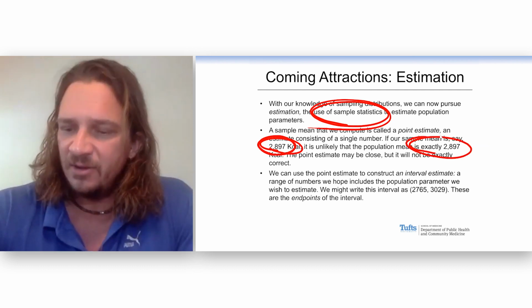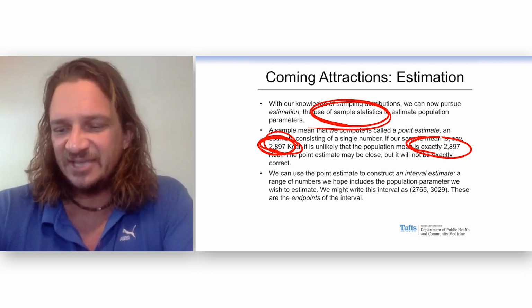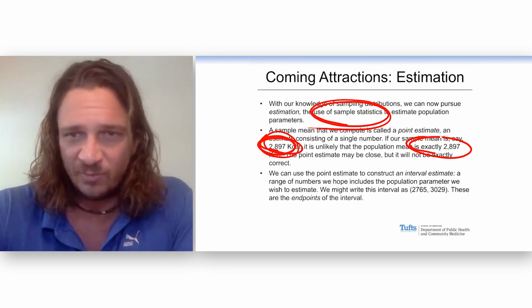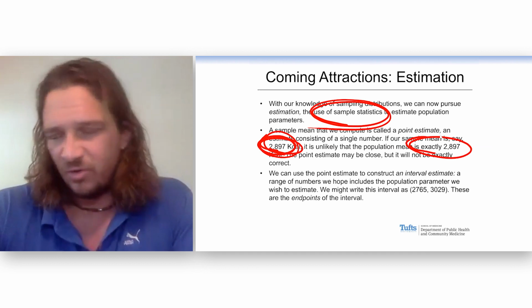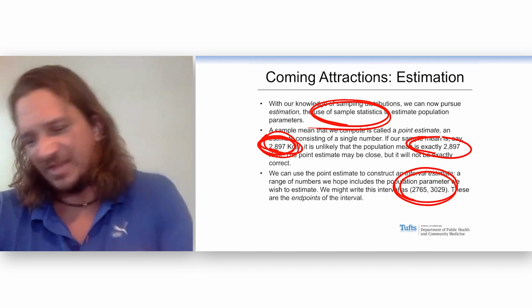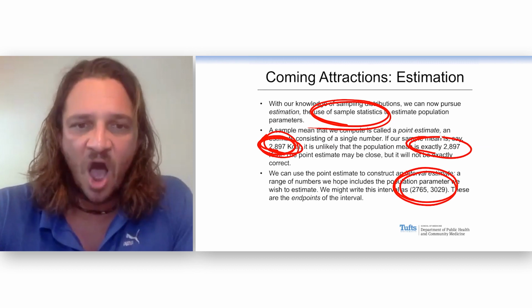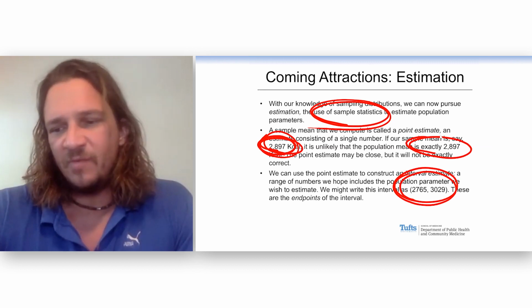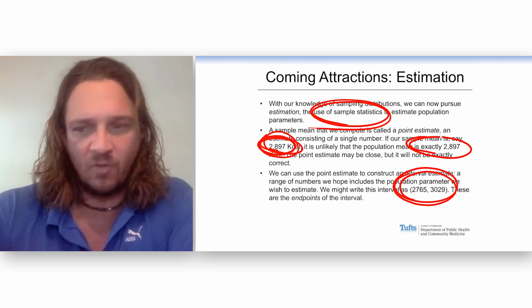No, probably not. But we can put some bounds or some interval or some sort of fudge factor around it and say we think the truth is somewhere between this. This is the idea of confidence intervals and trying to estimate where the population parameter is. And we will save that for next week.